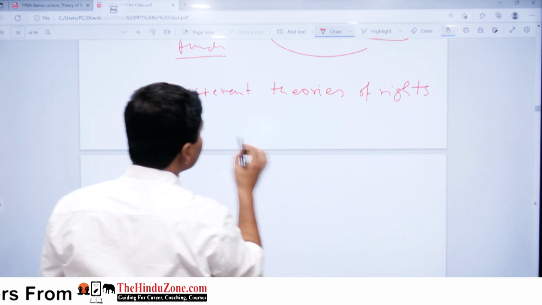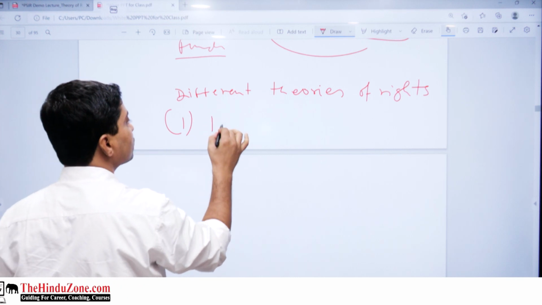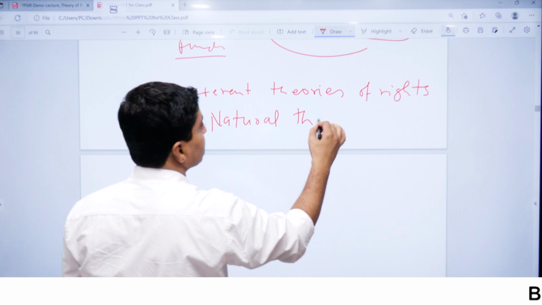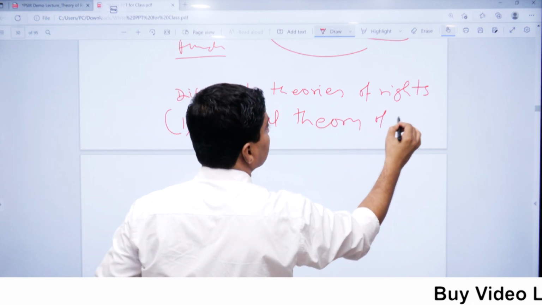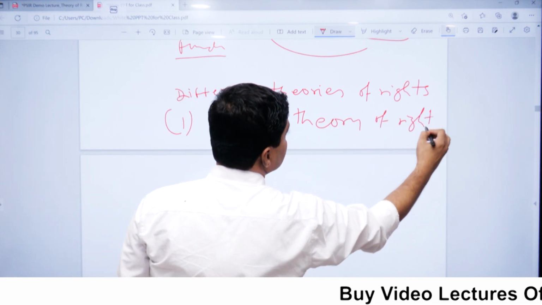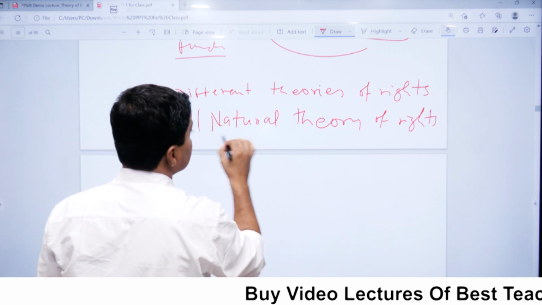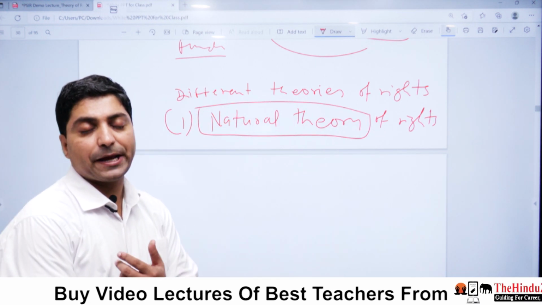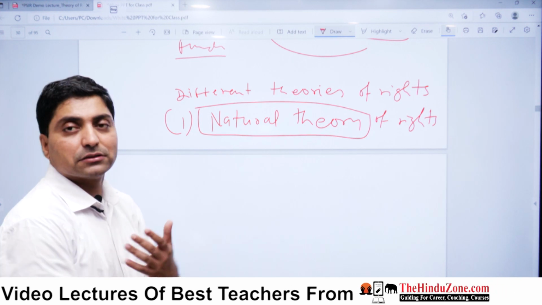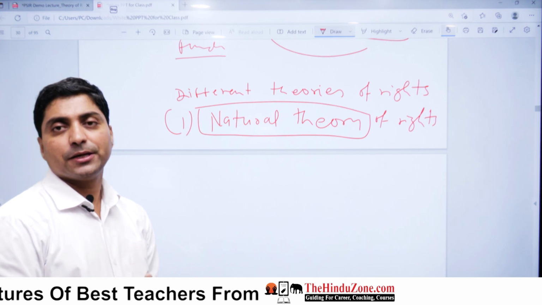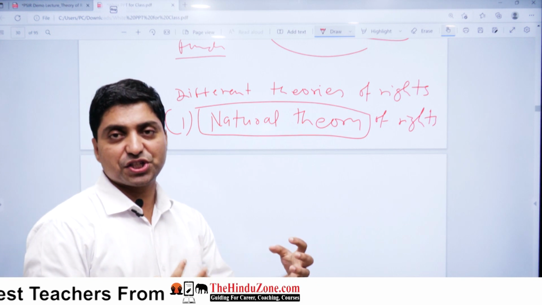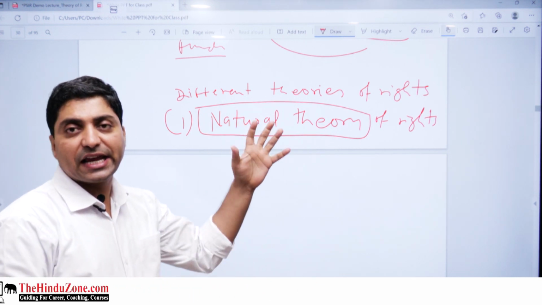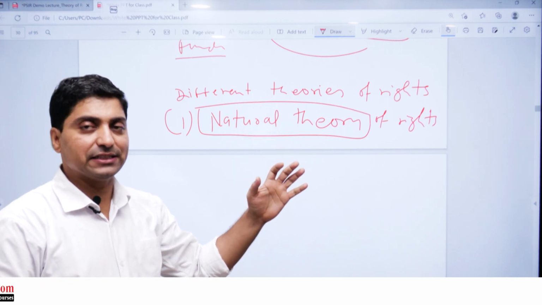What are those theories? First theory is the natural theory of rights. What is this all about? If you see the 17th century, there was a contestation between the king and the people, and the king proposed the divine right theory.